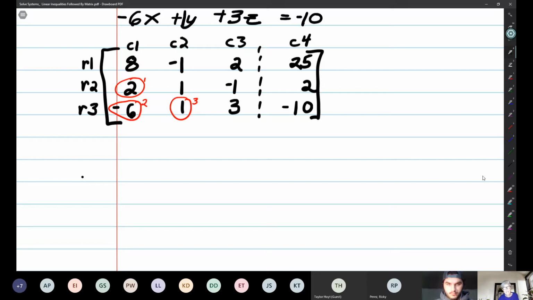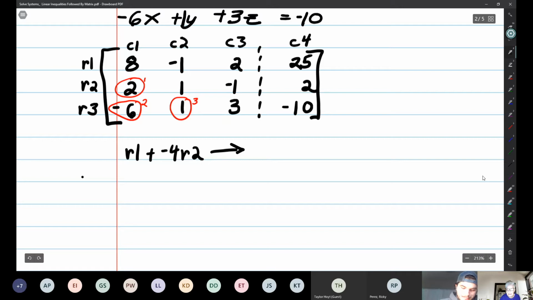If I were to multiply that 2 by -4, then I would get 8 minus 8, which would be 0. So that's my strategy. I am going to take row 1 just as it is and add it to -4 times row 2. And the answer I get is going to substitute for row 2. This is called row operations or row ops.